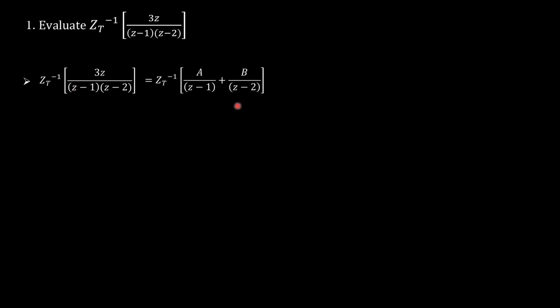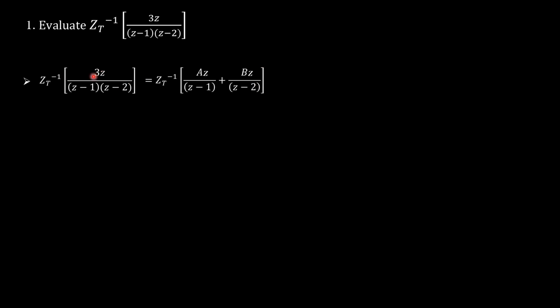But just recall the note in the previous video: if you have a z minus k term in the denominator, multiply z to the numerator. Here z minus 1 is in the denominator, multiply z to the numerator. Similarly, z minus 2 in the denominator, multiply z to the numerator.